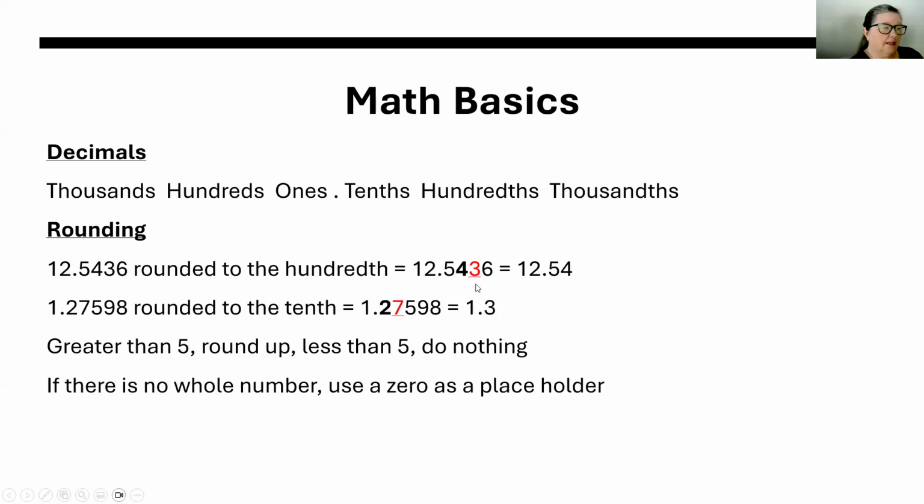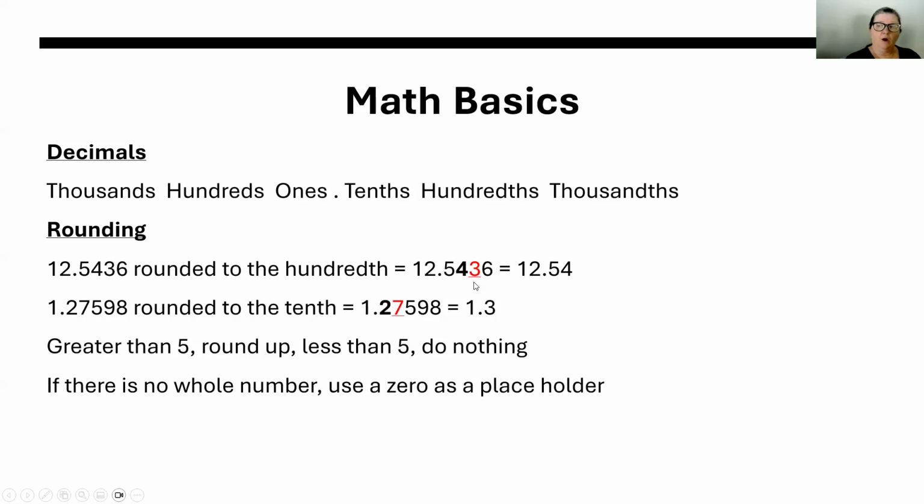So really then, in this instance, and in any instance really, once we determine which place we're rounding to, the number to the right of it is the only number that we're concerned with at that point. There could be 100 numbers behind it. We're only concerned with the one that's right next to the number we are rounding to. Okay. So in this case, since we're rounding to the hundredth, this is the number we're concerned with, the 3.